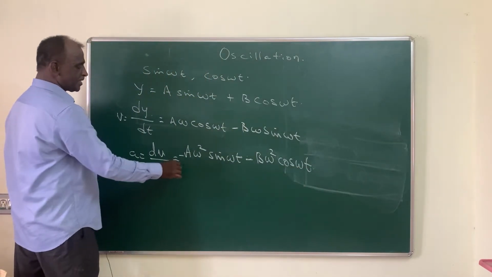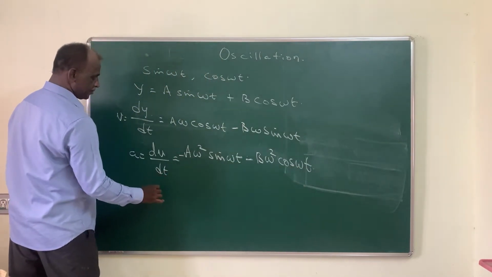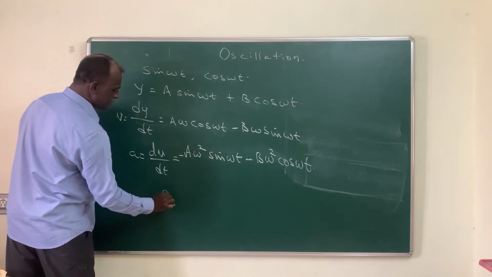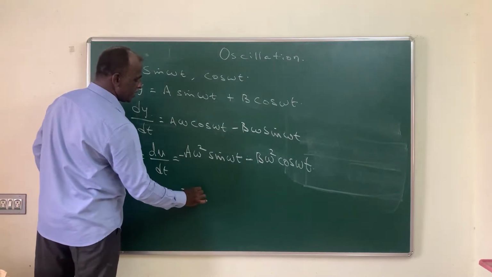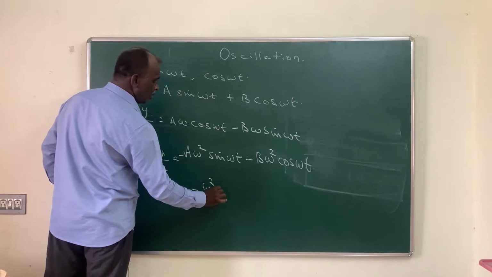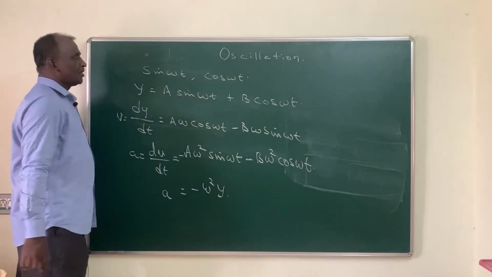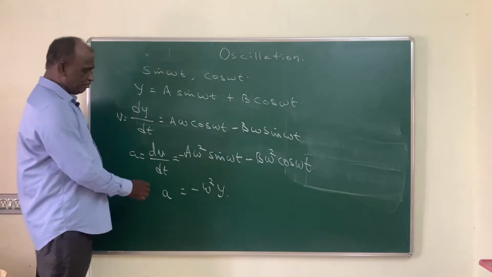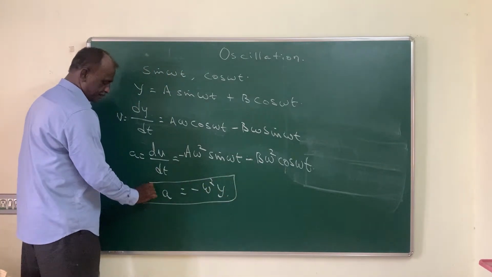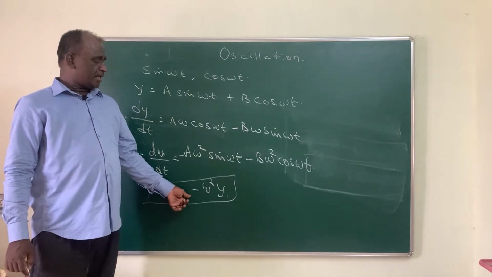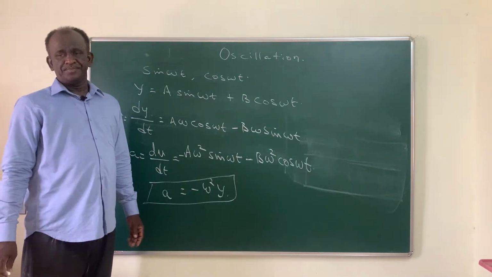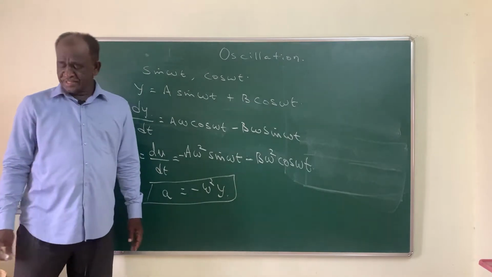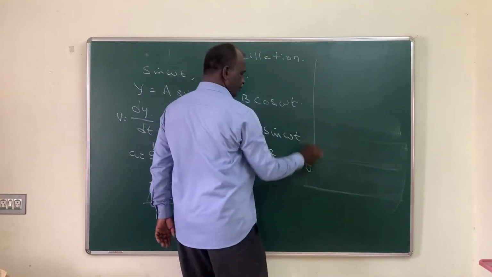After taking the minus sign outside, I can have a equal to minus omega square into y. So from this I can understand that the given equation is simple harmonic motion because it gives a equal to minus omega square y.